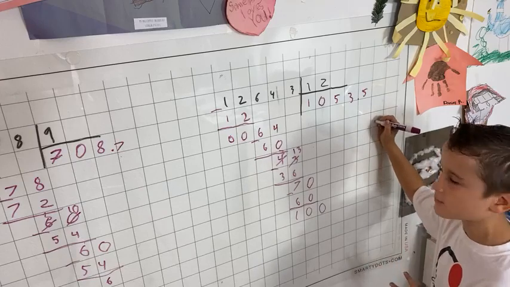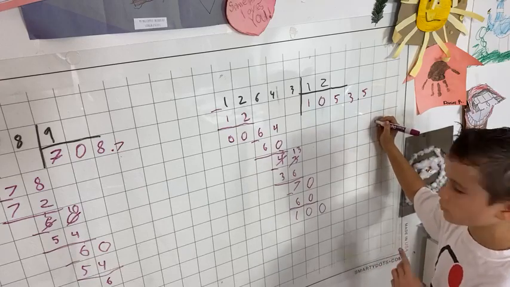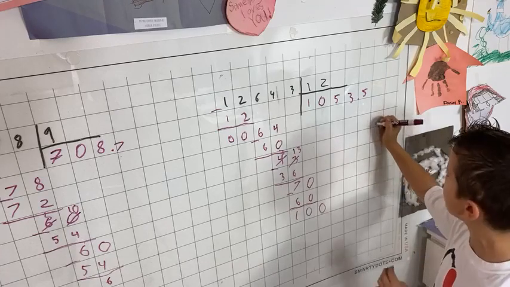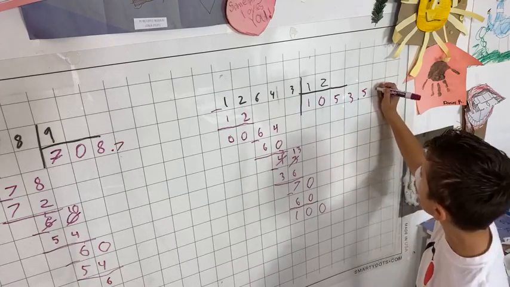So it has to be 8 times 12, and that's 96, that's 4 numbers away, so that's very close.